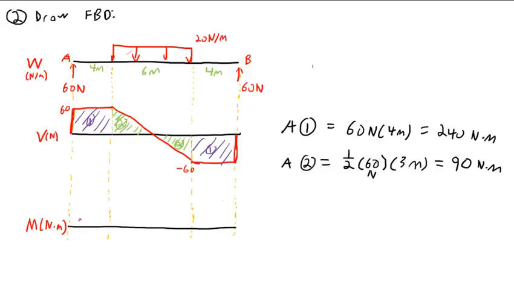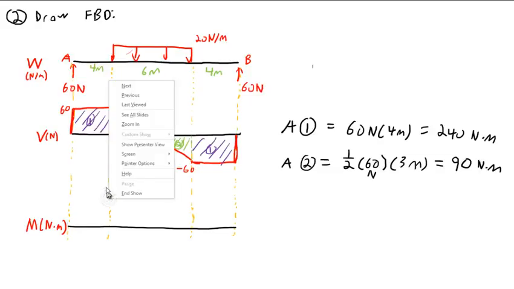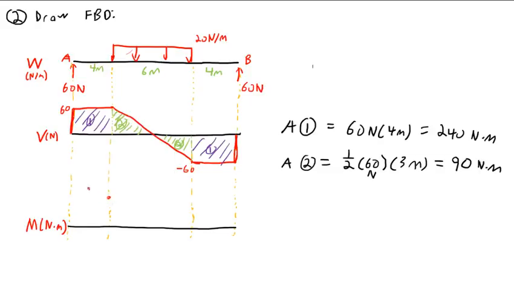So I know that between here and here, I'm going to go up by a total of 240 newton meters, because this is a positive area above the x-axis, so it's going to generate a total moment of 240 additional units. So I'm going to go up to 240.